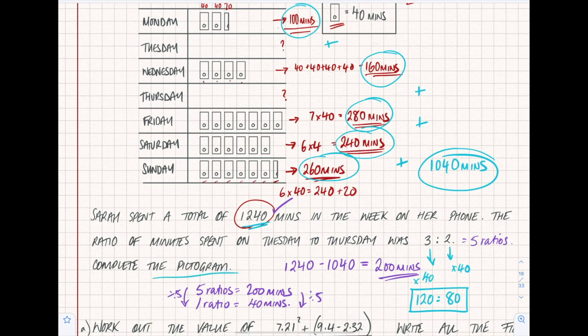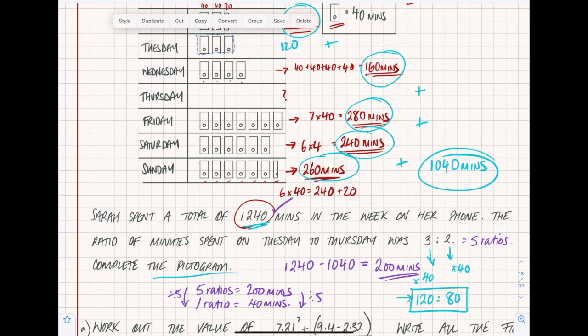What you then need to do is complete the pictogram. So I go back to here, and I need to draw 120 minutes worth on Tuesday, which means I need to draw 3 phones. So I'm going to take a bit of a shortcut here. I'm going to copy these 3 and paste them there.